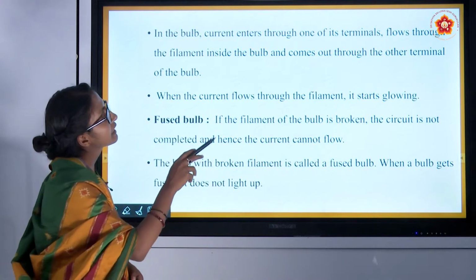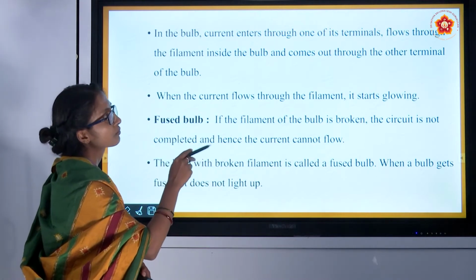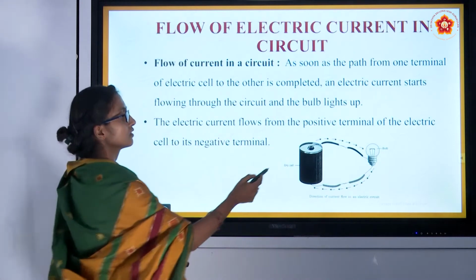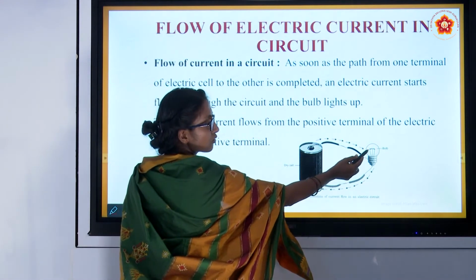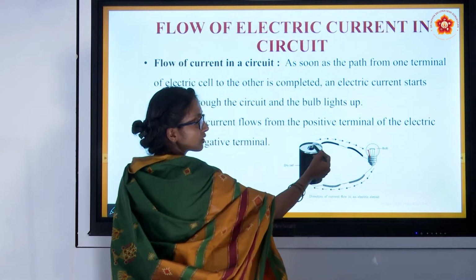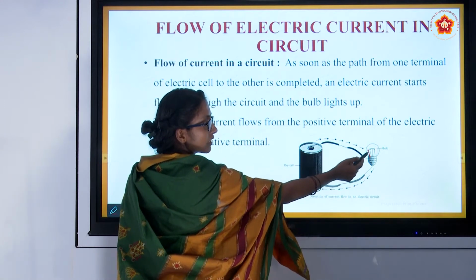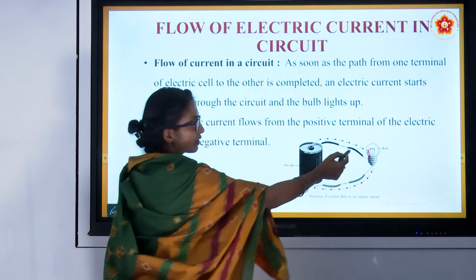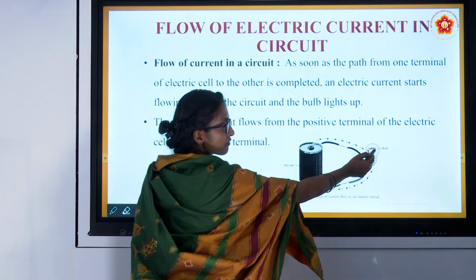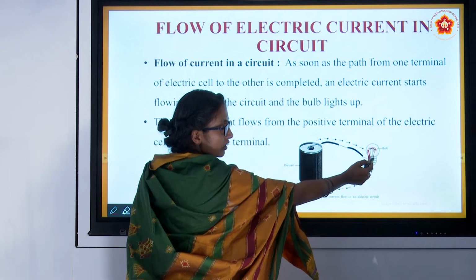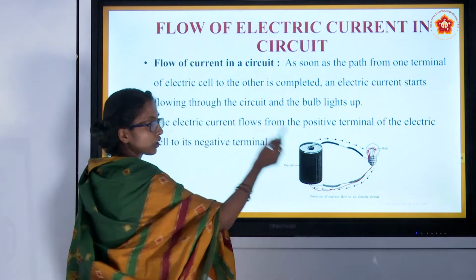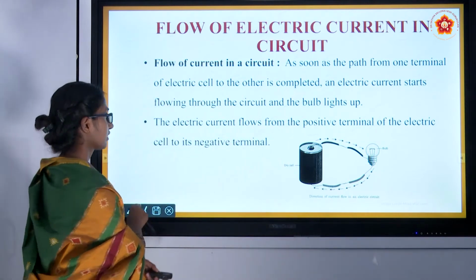In the bulb, current enters through one of its terminals. It enters right here. From the positive end it comes, enters one of the terminals of the bulb, flows through this filament, and again goes to the other terminal, back to the negative terminal of the battery.